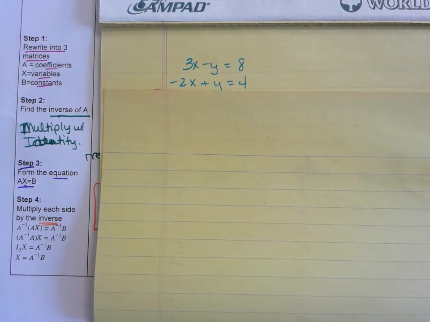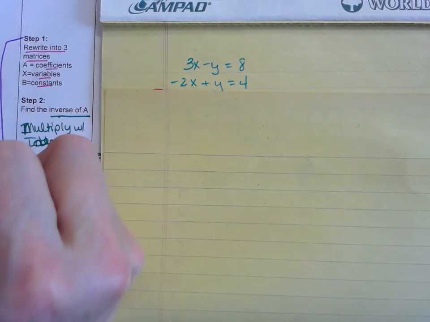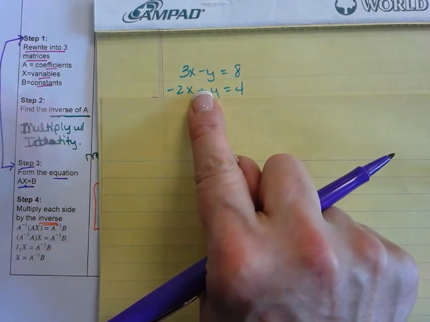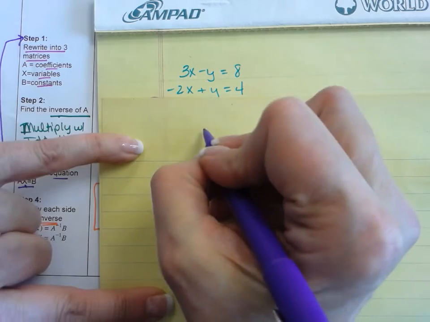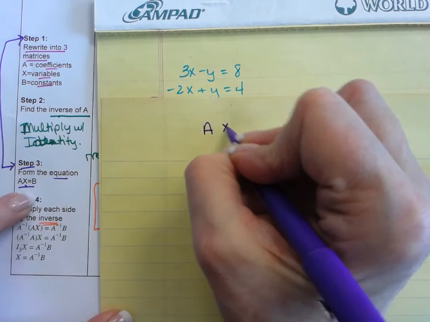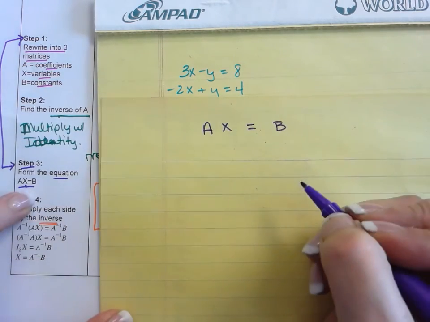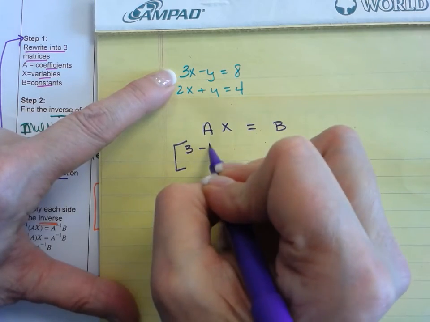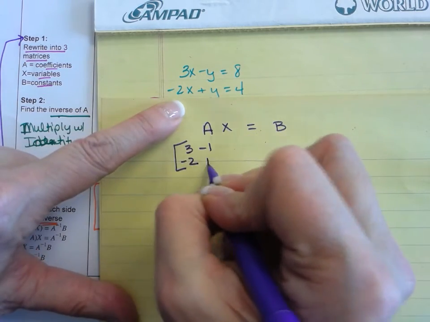Now, I will say, step 1 and step 3, I do at the same time. When I was writing out the notes, I gave it to you step by step, but I do these 2 things at the same time. So, I have AX is equal to B. A is going to be 3, -1, and -2, 1.